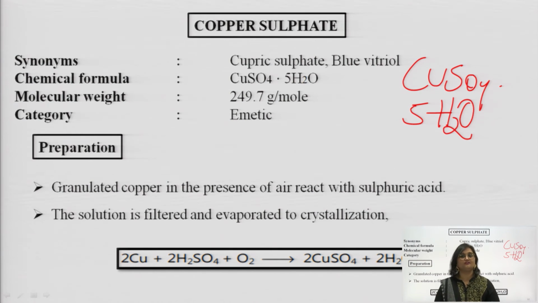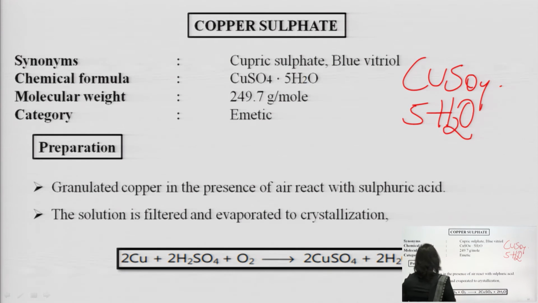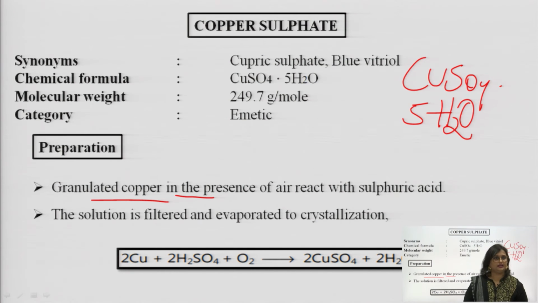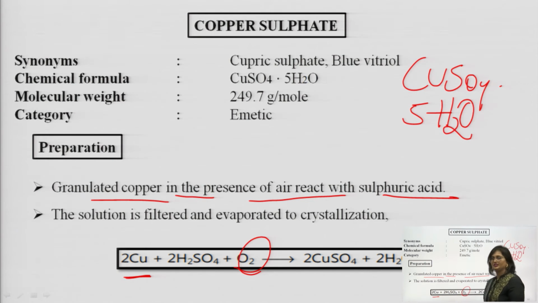How is copper sulphate prepared? The preparation involves taking granulated copper in the presence of air and reacting it with sulfuric acid. Copper in the presence of air or oxygen is made to react with sulfuric acid, H2SO4.